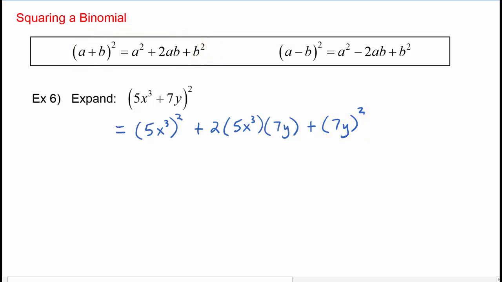And simplifying that result, we get 25x to the sixth plus 70x cubed y plus 49y squared.